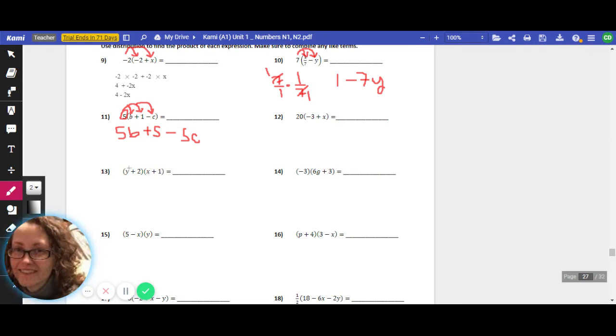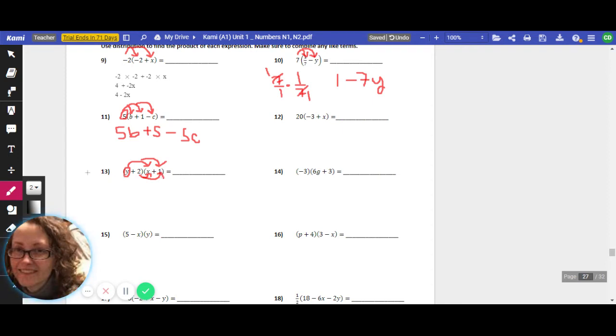I'm going to do the same thing, except I'm going to have to repeat it twice. So I'm going to take this y and distribute it into both terms of the next parenthesis, and I'm going to take the 2 and distribute it into the second parenthesis.